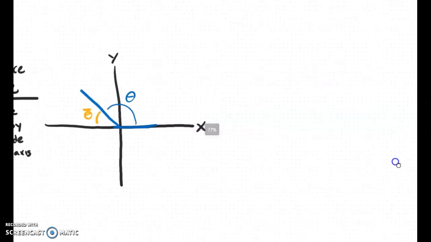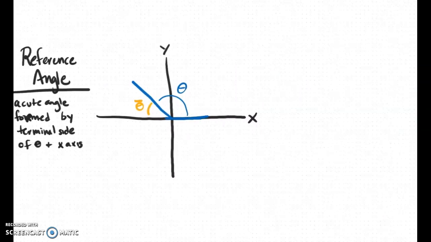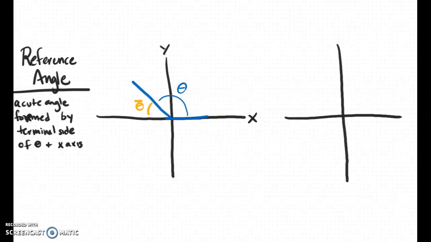Let's draw a reference angle for each of the quadrants. In quadrant 1, the reference angle is the same as the angle because that's already an acute angle. But if your angle would fall into quadrant 3, here's your angle, and your reference angle would be this small portion.